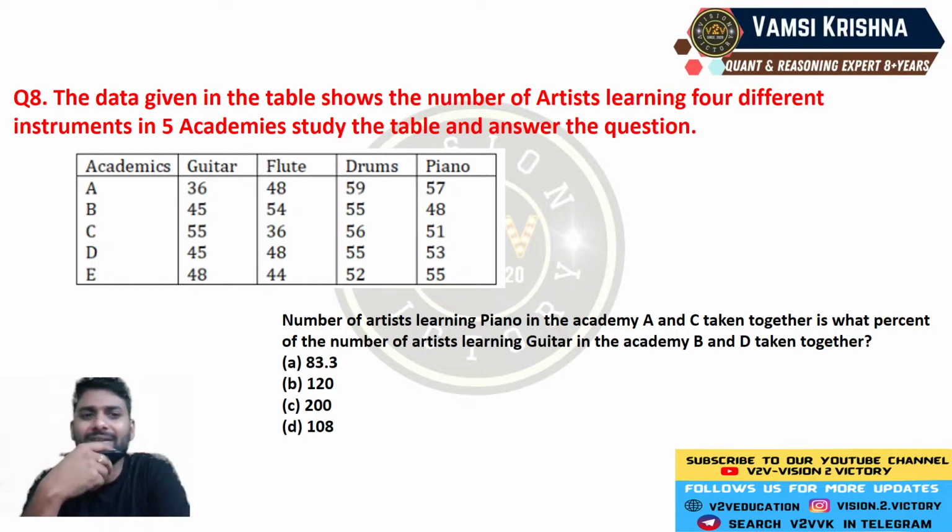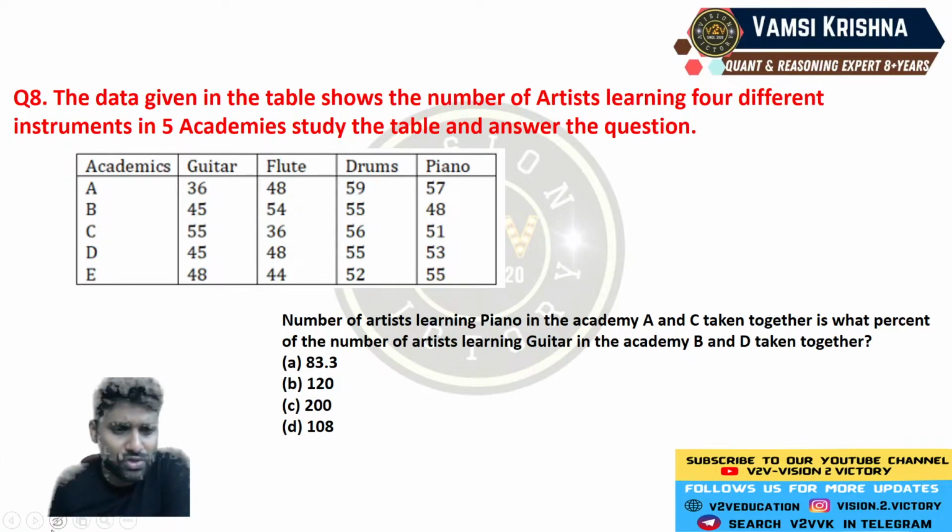See, the data given in the table shows the number of artists learning 4 different instruments in 5 academies. Study the table and answer the question. Academies A to E are given, with guitar, flute, drums and piano. The total number of students interested in different instruments. Now pick the question. If you understand the data in a table, just pick the question here.